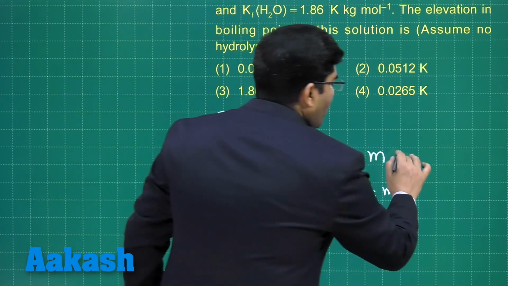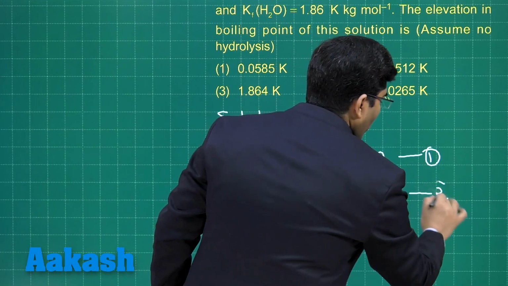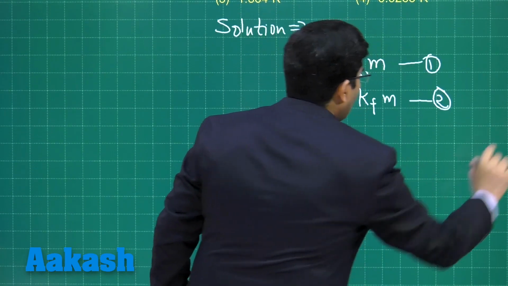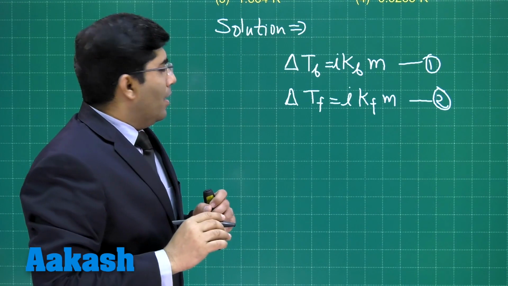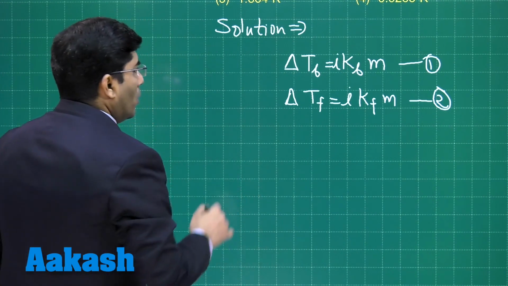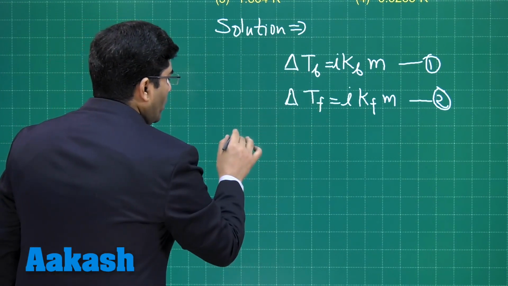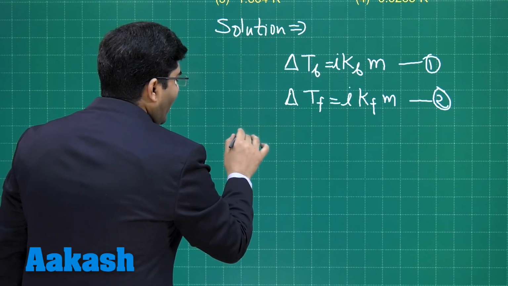Now, this is our first equation, this is the second equation. Let us assume this, right. Now, let us divide equation number 1 by equation number 2.